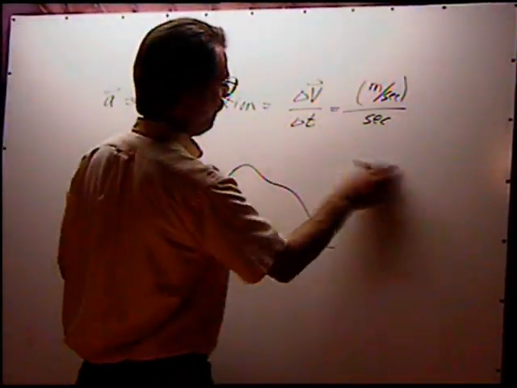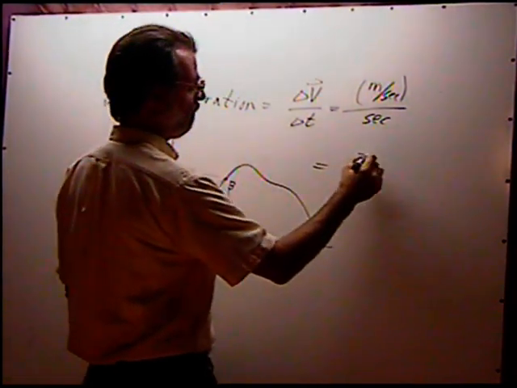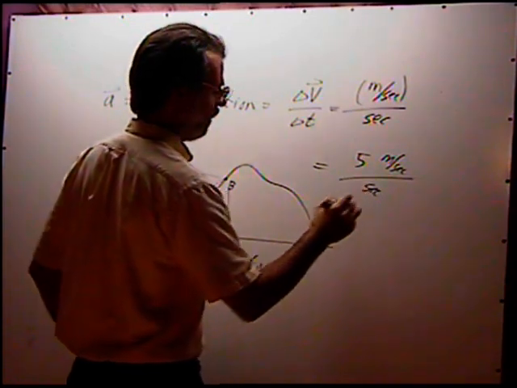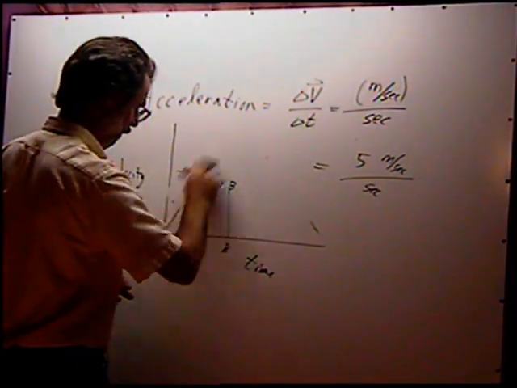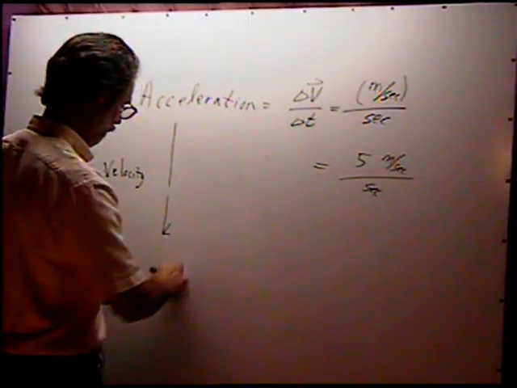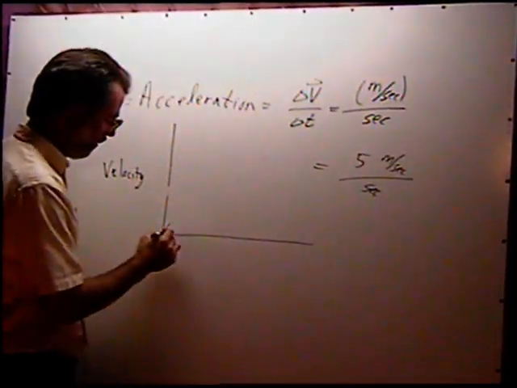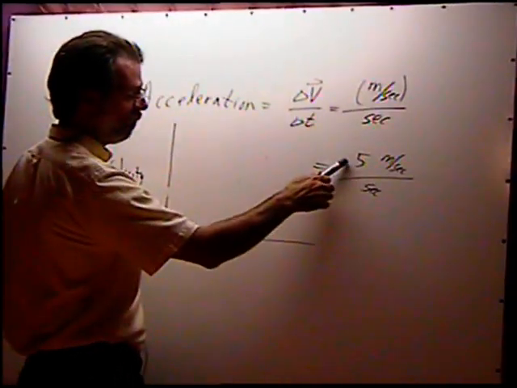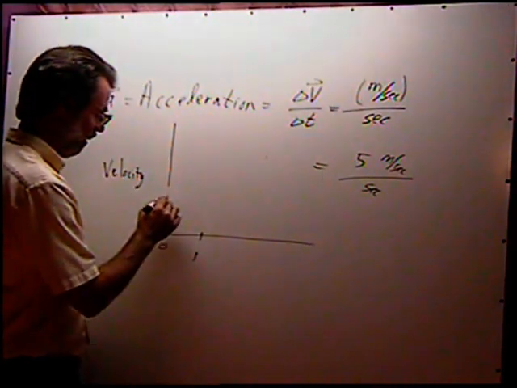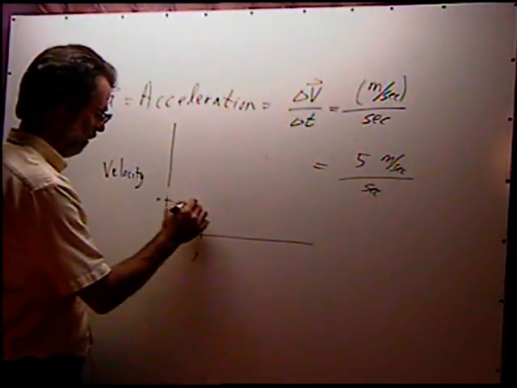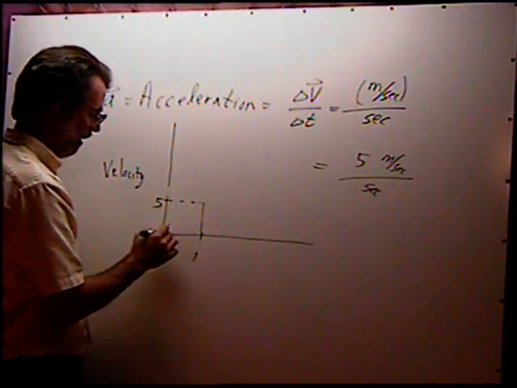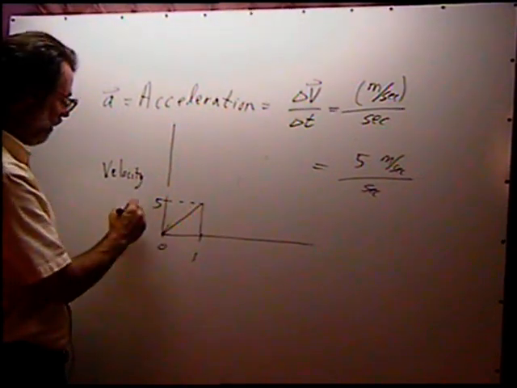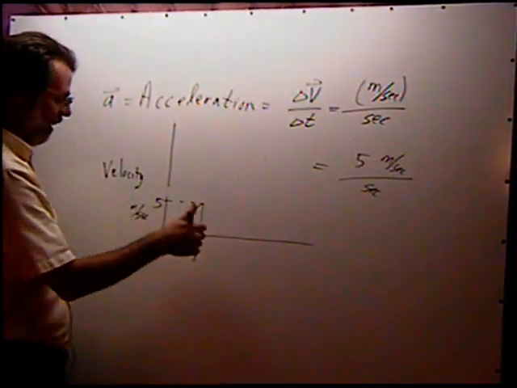For instance, if we change 5 meters per second, it means every second we increment by 5 meters per second. In the first second we've gone 5 meters per second.